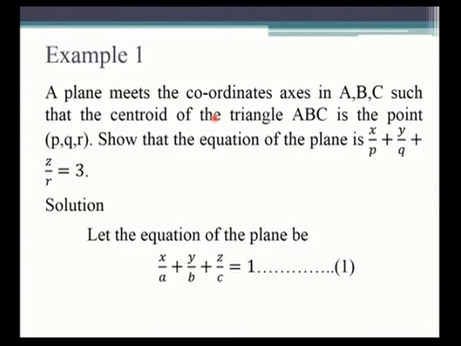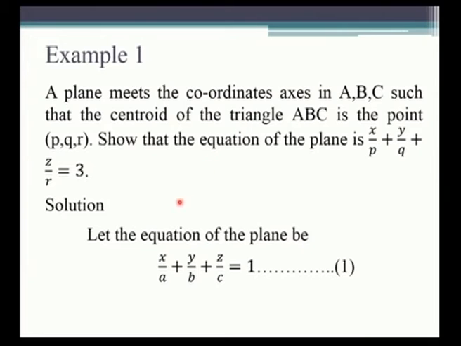In this example, the equation of a plane is given in intercept form. It is given that the plane meets the coordinate axis in A, B, C. So that is the intercept of the plane on the coordinate axis. We need to show that the equation of the plane is x by p plus y by q plus z by r is equal to 3.